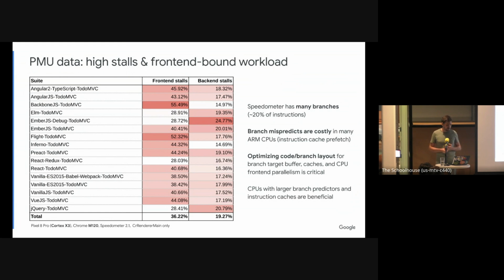Part of the reason for this is that Speedometer has a lot of branches. Speedometer's branch count is about double that of other CPU benchmarks like Geekbench. And branch mispredicts are really costly. When you have a branch mispredict on an ARM CPU, that means that you probably also pollute your caches.